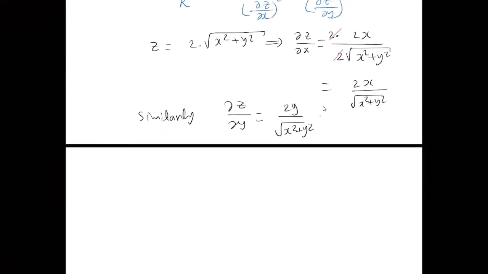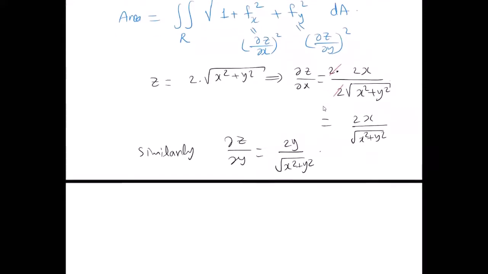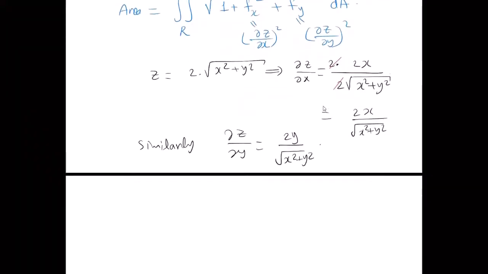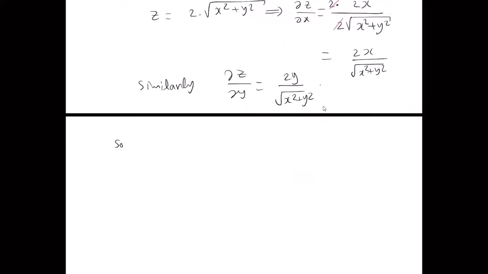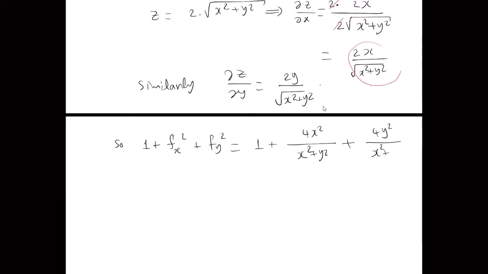Okay, so now let's simplify what is inside the radical sign. 1 plus f_x squared plus f_y squared is 1 plus the square of this quantity: 4x squared over x squared plus y squared, and the same for y, 4y squared over x squared plus y squared. Therefore, we can unify the denominator, the common denominator x squared plus y squared.